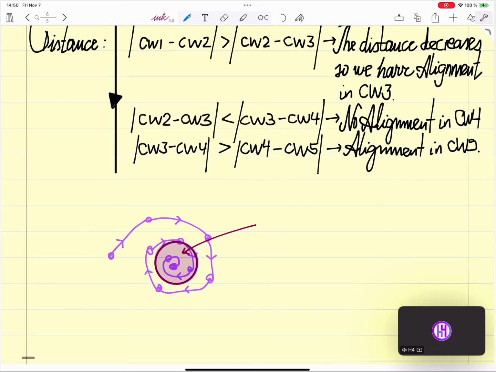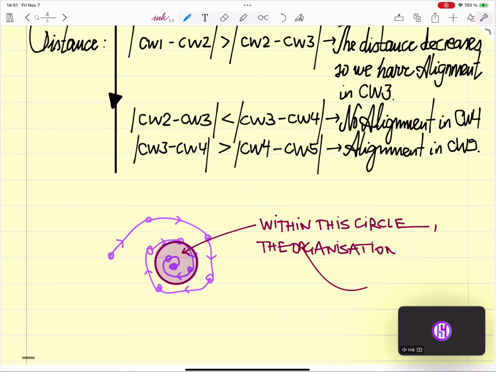Within this circle, the organization is under control, or in other words, in alignment.